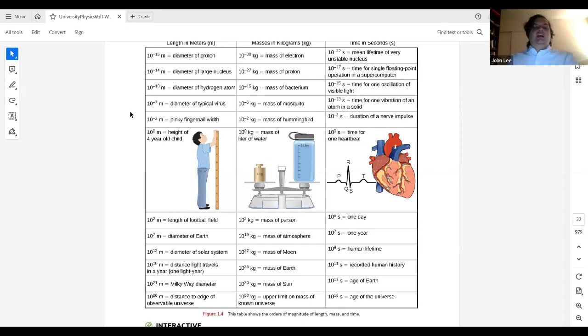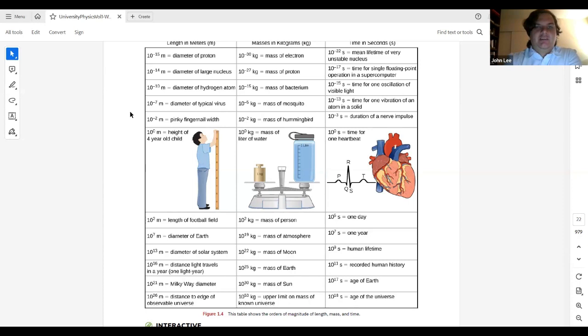So the diameter of a galaxy is actually bigger than the amount of space that light can travel in an entire year. And then about 10 to the 5th times that diameter is the distance to the edge of the observable universe. So that is all of the length scales in meters.